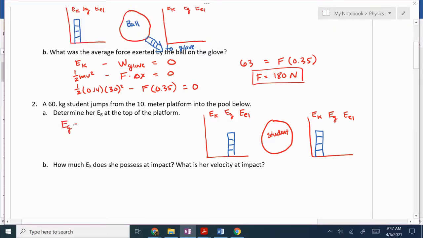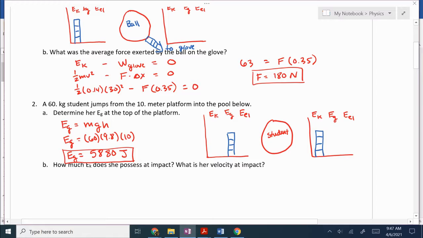Gravitational energy is just mgh, so 60 times 9.8 times 10. That tells us that the student starts with 5,880 joules of energy.